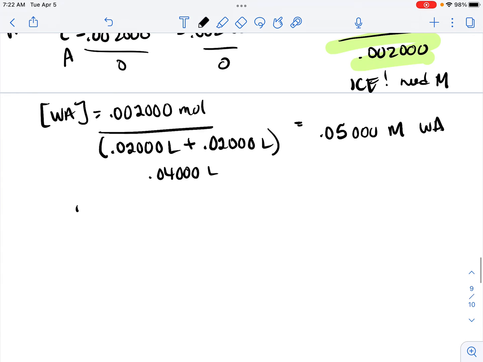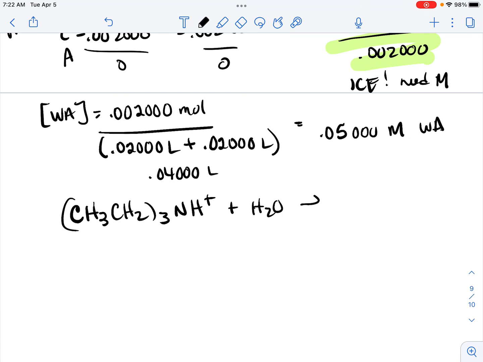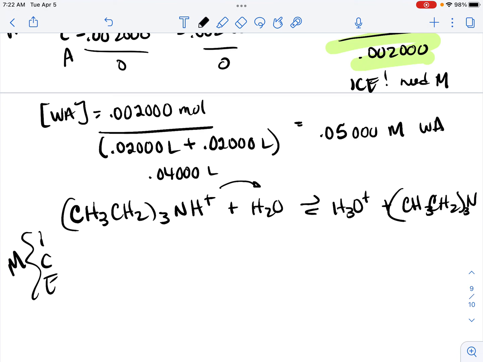Now, because it's a weak acid, I need to ICE it. So CH3CH2 (3 of them) NH plus water. I'm going to write my acid dissociation. It's going to give up the hydrogen, so that gives me hydronium and the weak base again, CH3CH2 (3 of them) N. And ICE, remember, is in molarity.